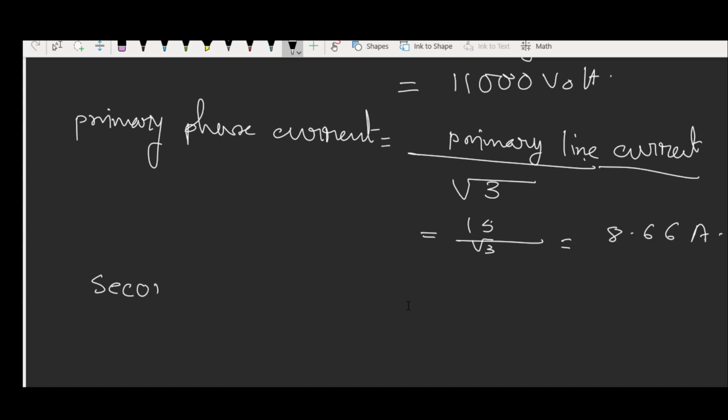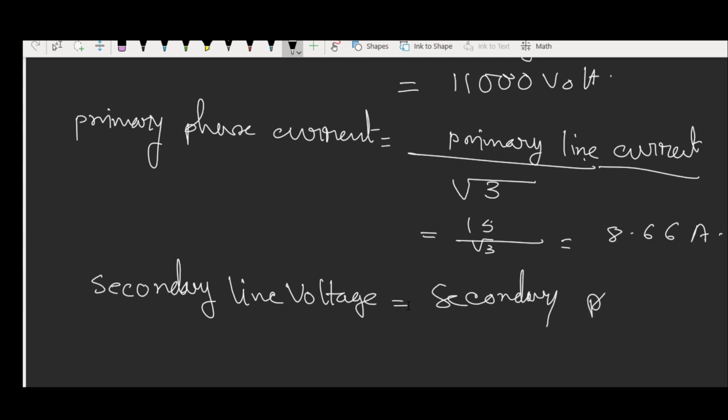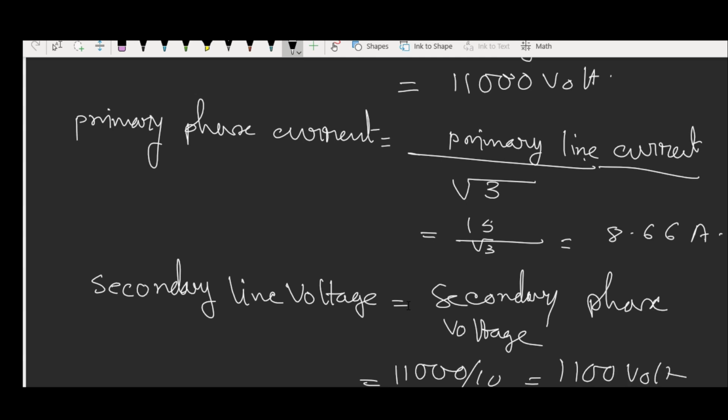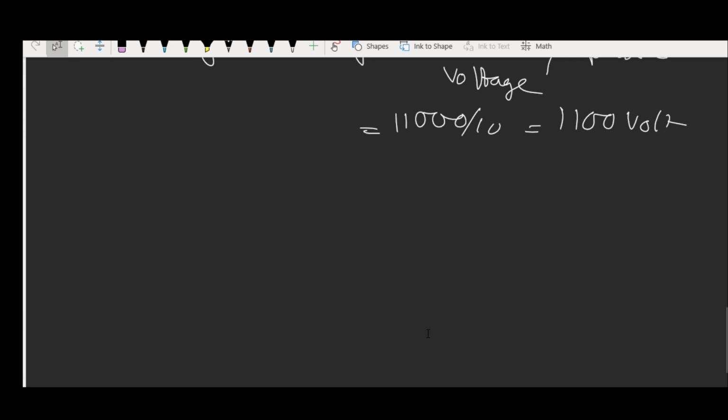Now what about secondary? Secondary is also delta connected, so secondary line voltage equals secondary phase voltage. What you should get here is 11,000 by 10, that is 1100 volt. What would be secondary current?